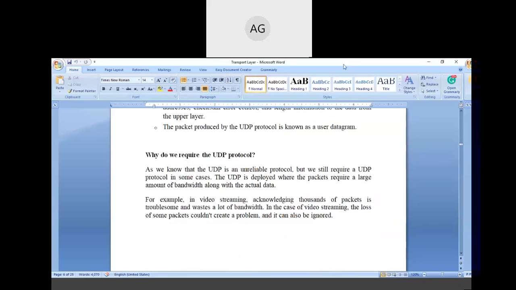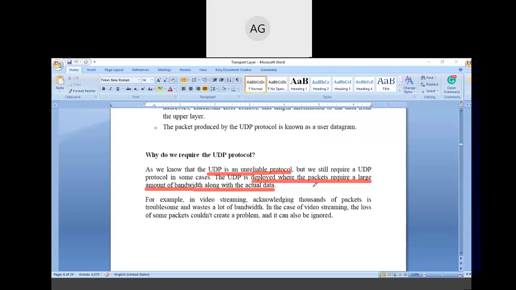The next question is, why do we require the UDP protocol? As we know, UDP is an unreliable protocol, but we still require it in some cases. UDP is deployed where the packets require a large amount of bandwidth along with the actual data.